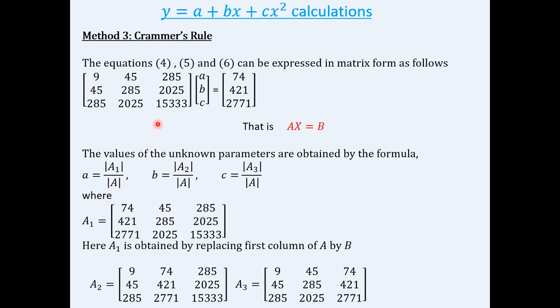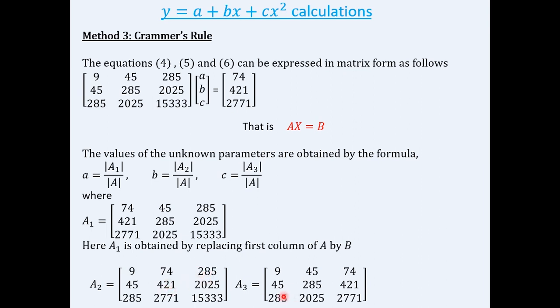where A is the matrix this one and A1 is the matrix obtained by replacing first column of A by B, that is this one, and A2 is the matrix obtained by replacing second column of A by B matrix, that is this one.